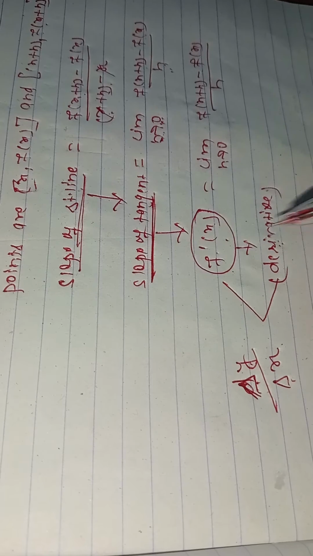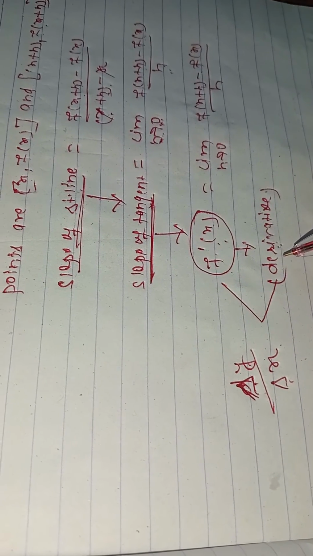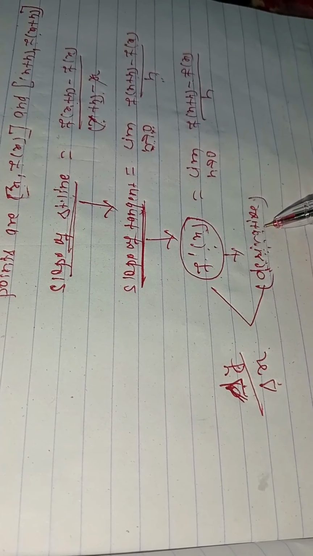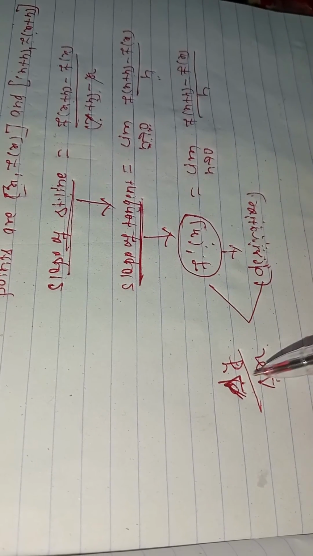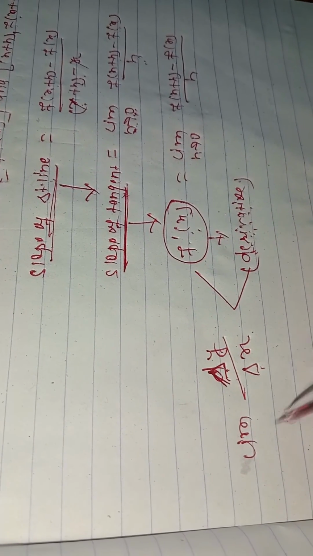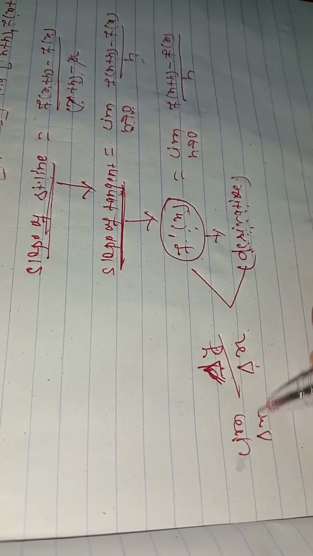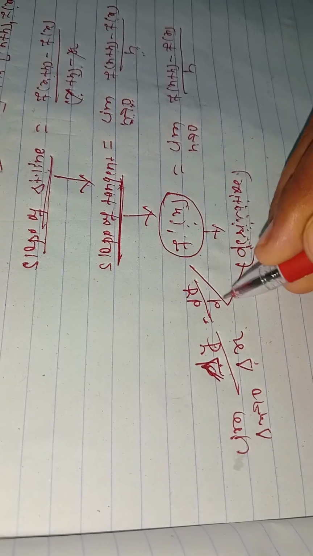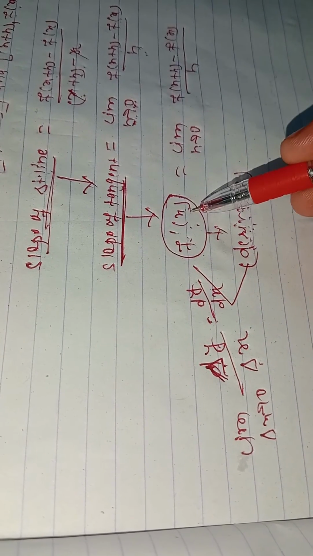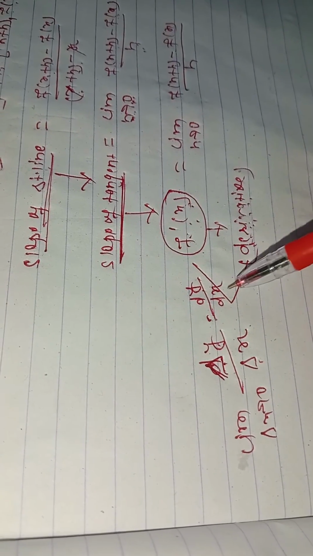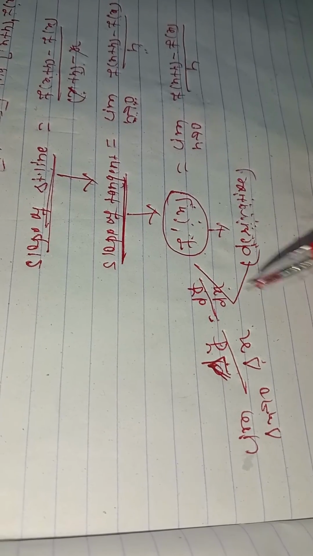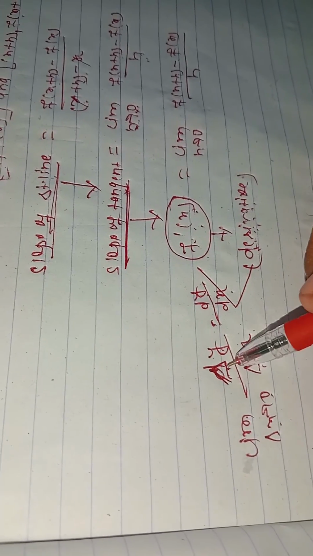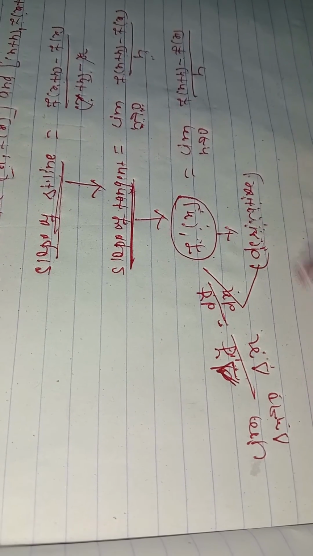So f dash x is the derivative, and limit delta x tends to 0 of delta y by delta x equals dy by dx.